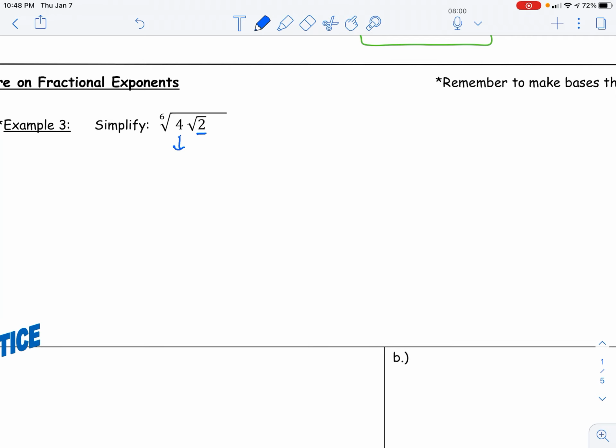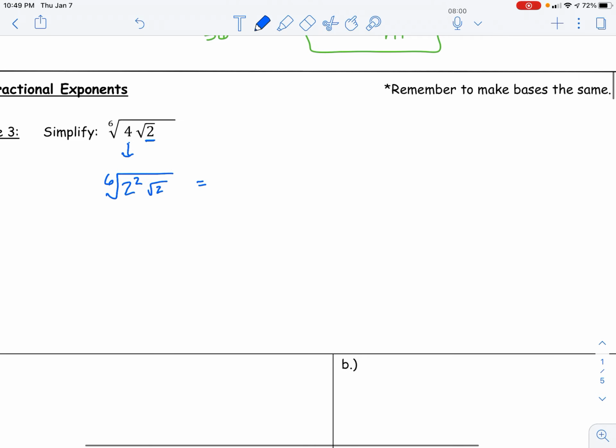So I'm just going to rewrite this for just a minute so we can see it as 2 to the 2nd power times the square root of 2. Okay, now we can pull this out and write it in fractional form.